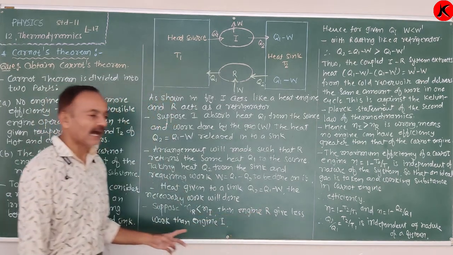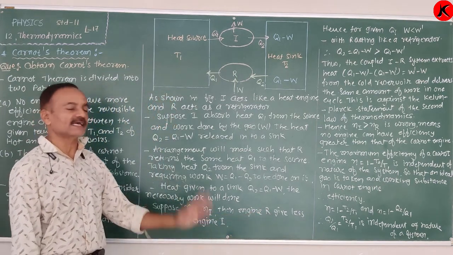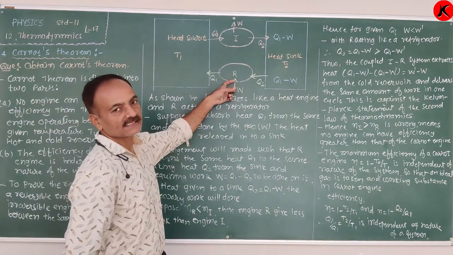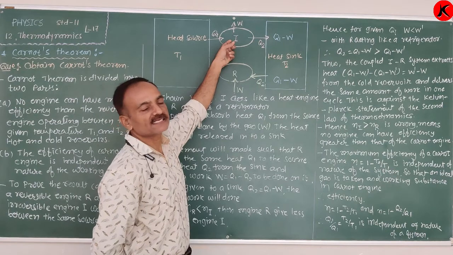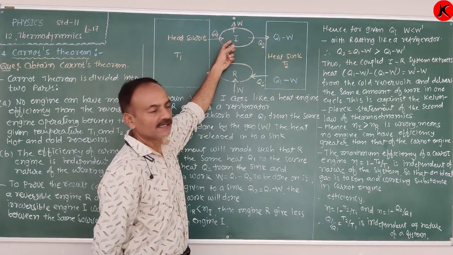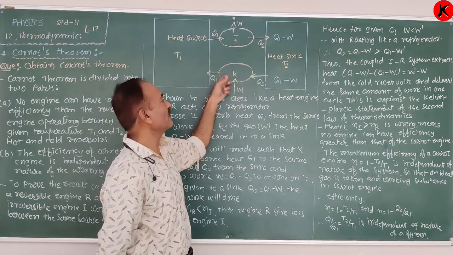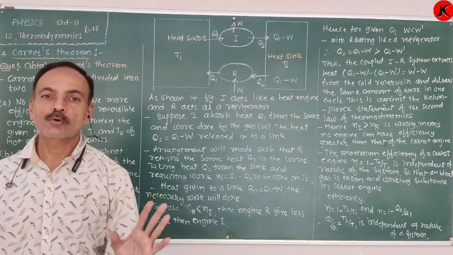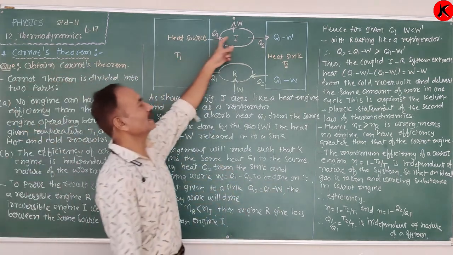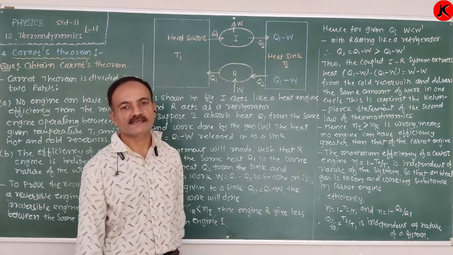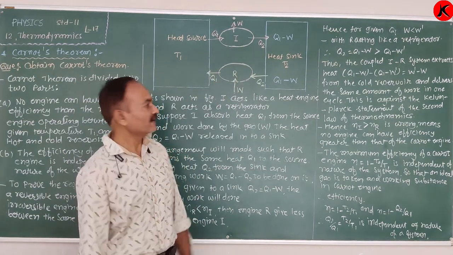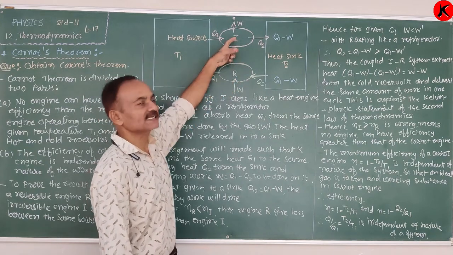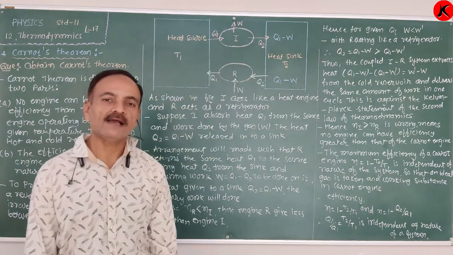Then engine R gives less work than engine I. Therefore, I cannot provide the necessary amount Q1 to the source, since this Q1 is already absorbed by the heat engine.